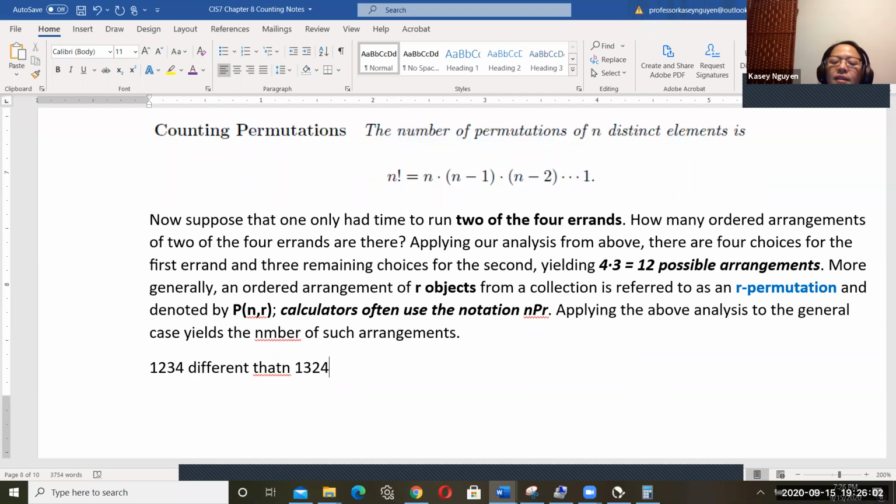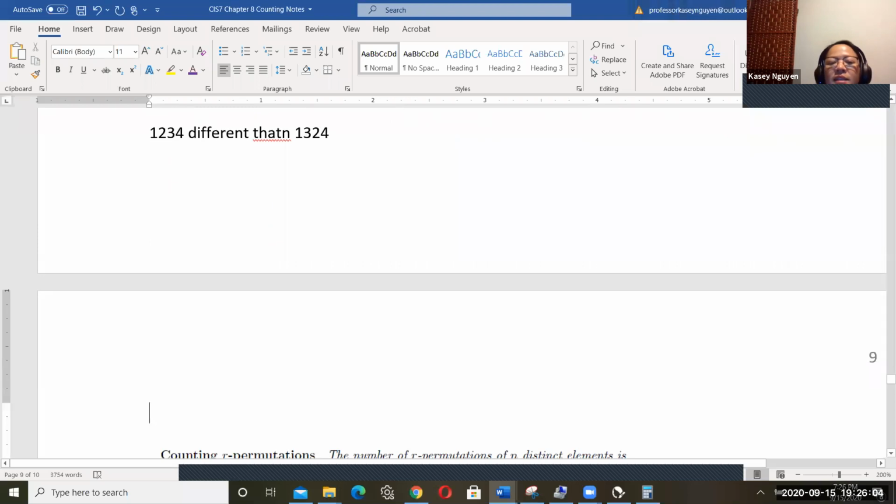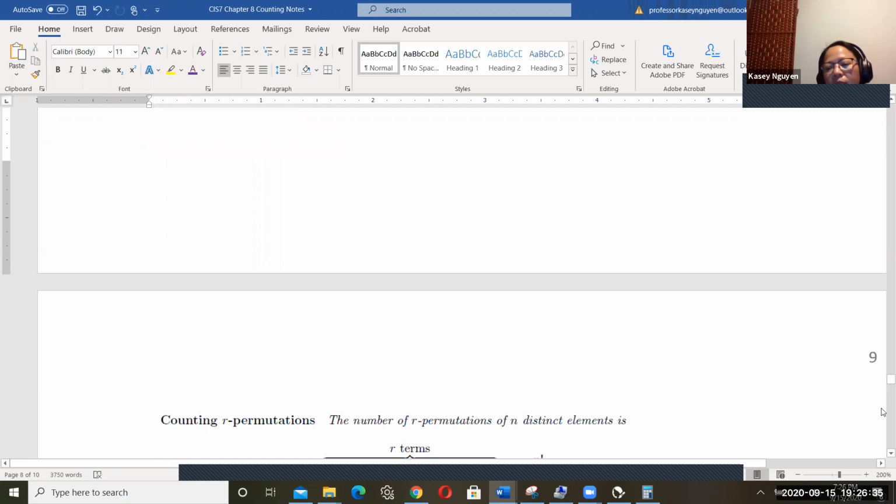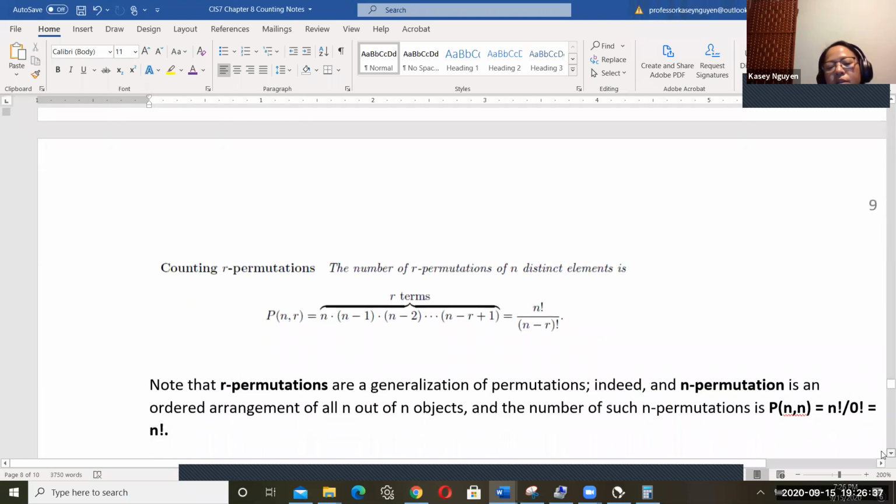When we permute, once the values are selected, it will be distinct from the other one because the order does matter. The 2 going before the 3 matters compared to the 3 going before the 2. Okay. Question.